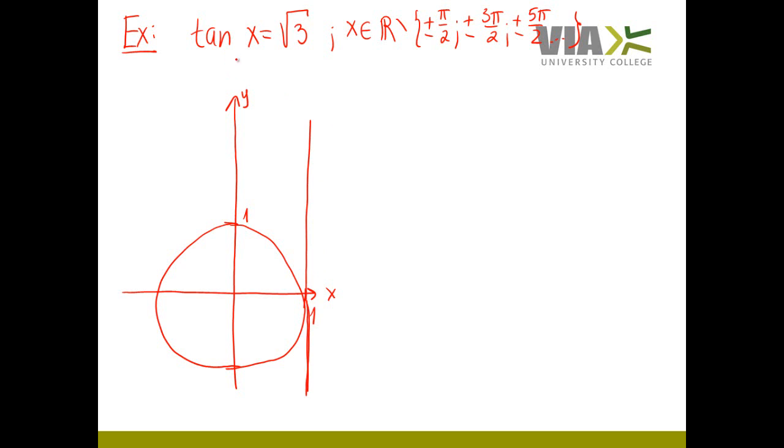So in this example, we're looking for values for x where the tangent value is equal to the square root of 3. The square root of 3 is approximately 1.73, so 1 is here, then 1.73, or square root of 3, must be up here. So that must be the angle I'm looking for, this one here, x.